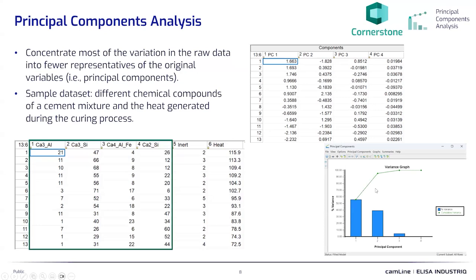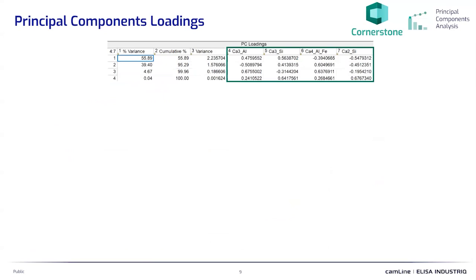There's also another very important property of the PCA results. While the original variables are likely correlated, the PCs are actually linearly independent, which is a very important property for any follow-up linear regression analysis. In Cornerstone, along with the principal components, you can also see the loadings, or the weights.